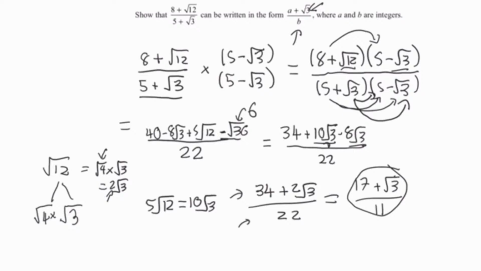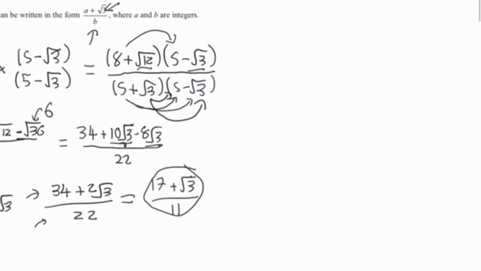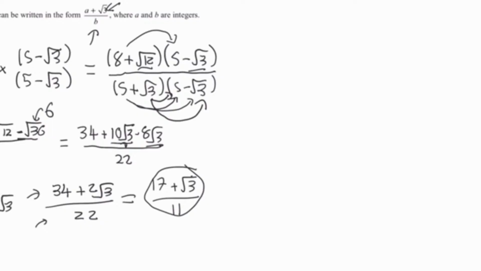One more thing I'd like to mention, so this is one way of rationalizing the denominator of surds, but something else they can ask is an easier version. Let's say we had 2 over root 3, and it said rationalize that.